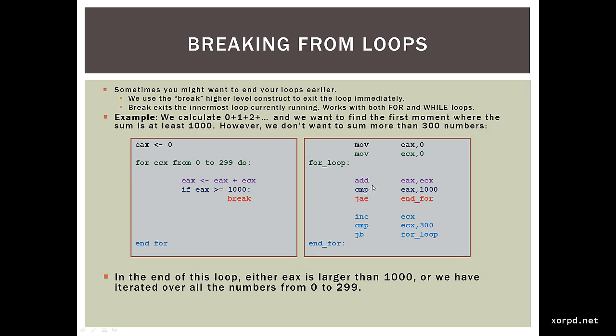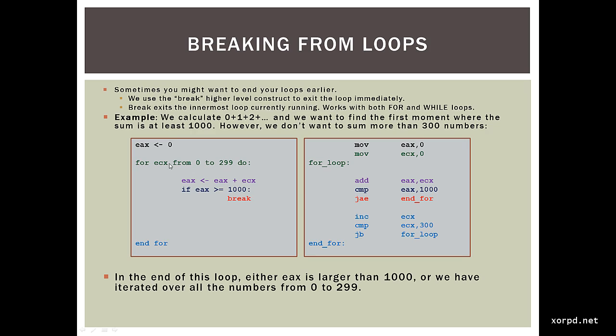If we skip those for a moment and go to the end of the for loop, this is a pretty much standard ending for a for loop. We have the index increased, and then we check if the index has become the last possible number.